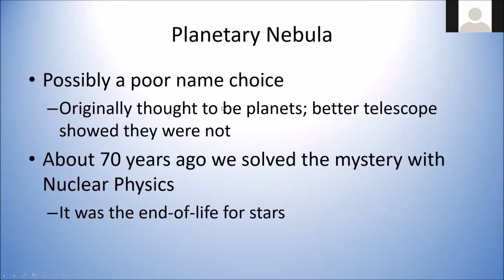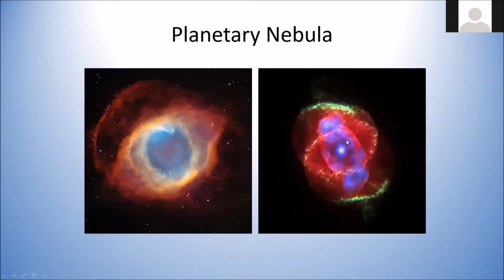A planetary nebula, which was probably a poor name choice, because when it was first found, they thought they were planets. But it wasn't until the better telescopes came along, they found that they were not planets. It was about 70 years ago, they solved the mystery with nuclear physics on what these things really were. And it was the end of life for a normal star.